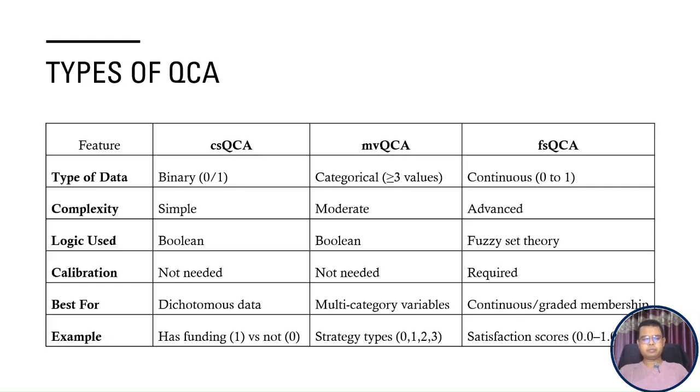There are some examples: 0 versus 1, true, false, yes, no. On the other hand, MVQCA may have multiple classes like 0, 1, 2, 3, 4, maybe 5. And satisfaction level from 0 to 1 is a continuous variable, so this type of data will be handled by fsQCA.